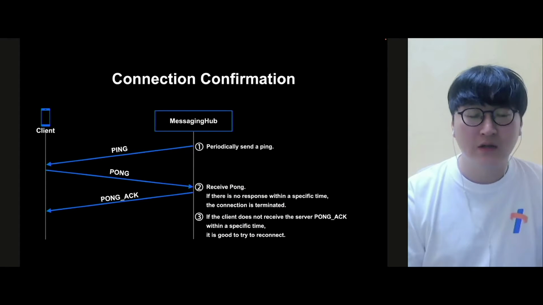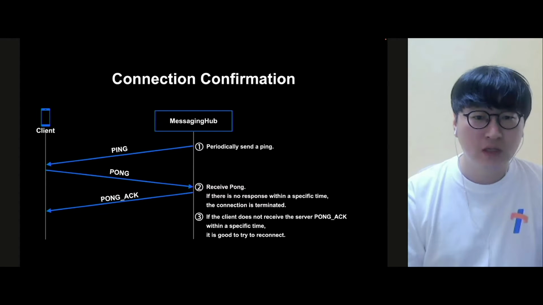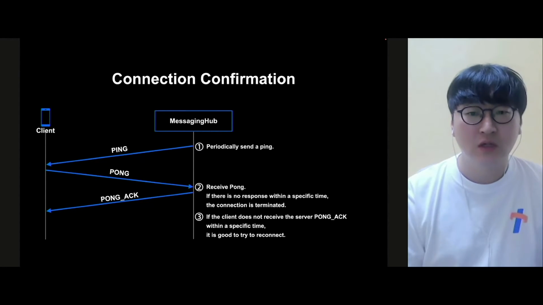In order to overcome this issue, the messaging hub on the client needs a receipt confirmation, a ping-pong. It is always sending a ping, and to the ping, a pong is going to be received. If within a specific time window the pong is not received, then we conclude on the server that the client has not received the app.